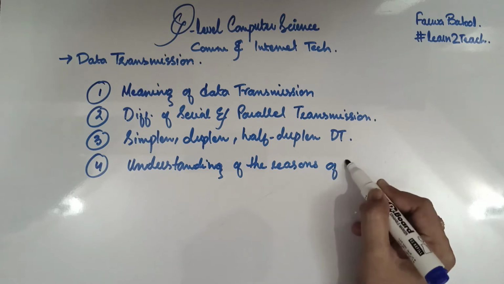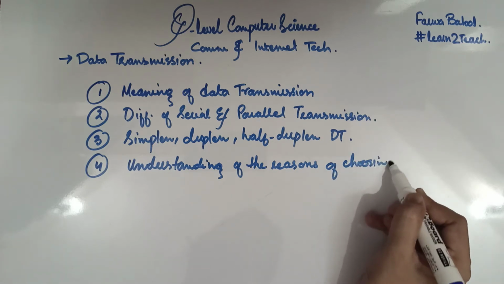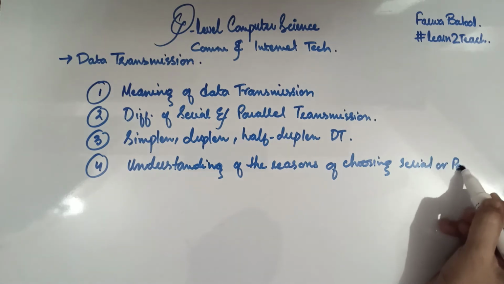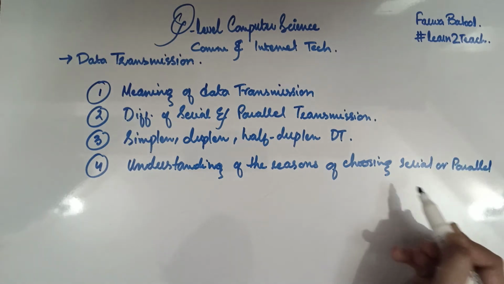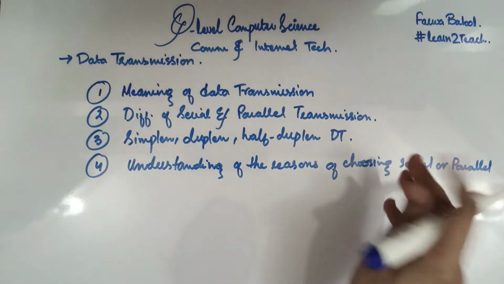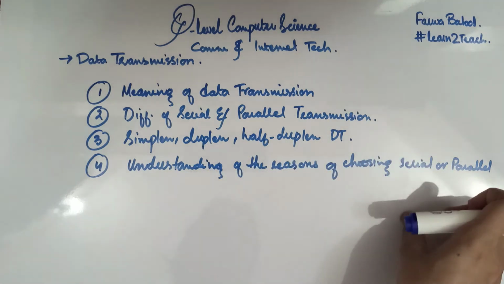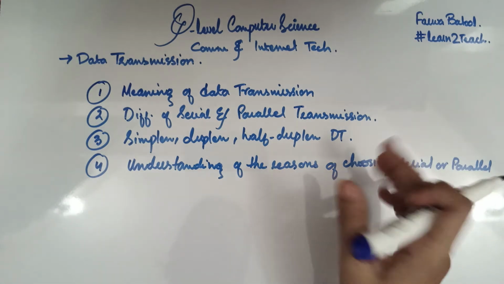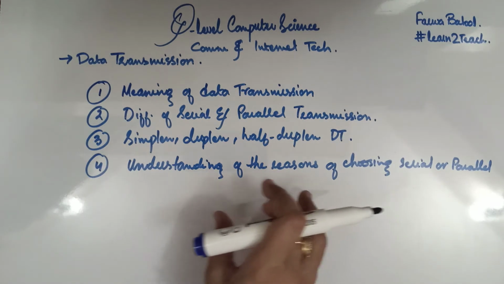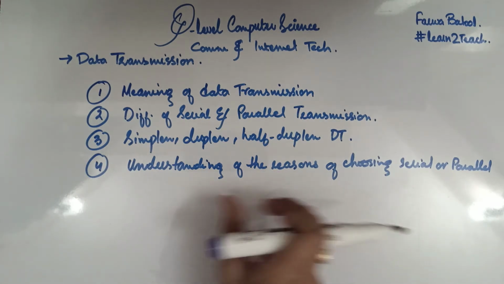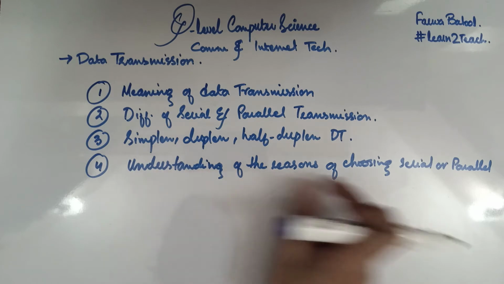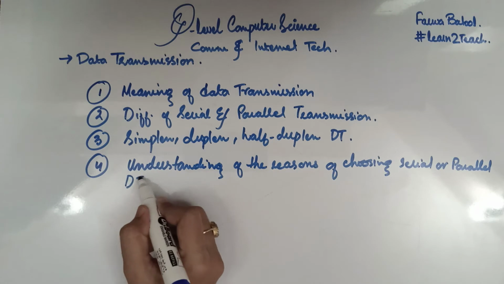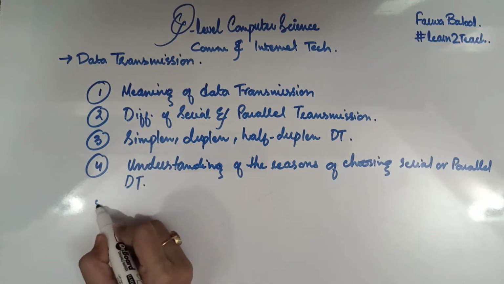You must know why you prefer serial transmission over parallel in some cases, and why you prefer the parallel one instead of serial in other cases. There are certain reasons for that, and you must know those reasons. It is important for you under this topic.